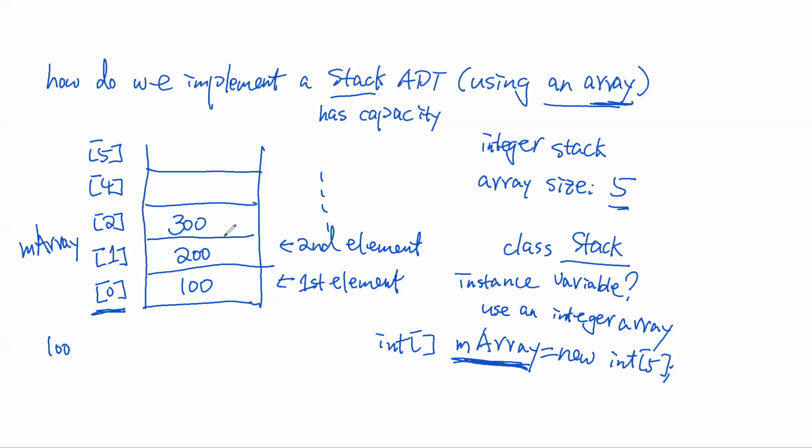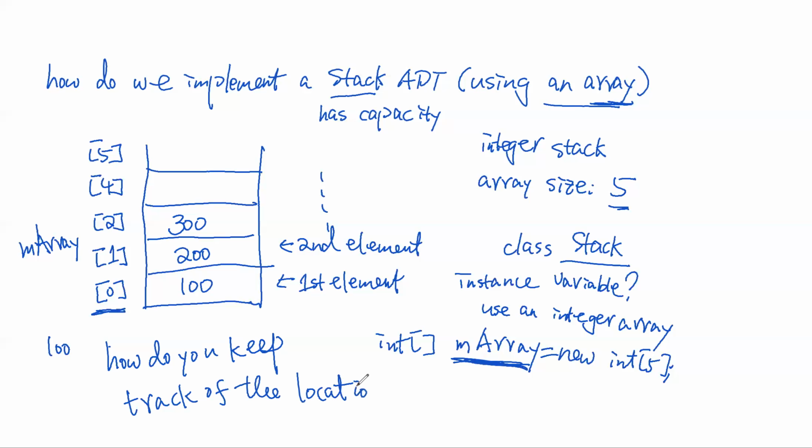But the question is, how do you keep track of the location of the top item? Because you want to know where the current top item is in this array.